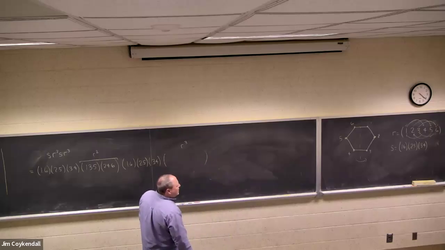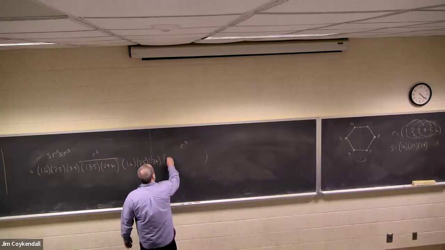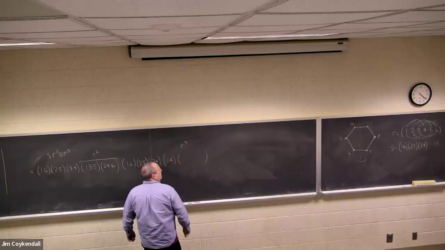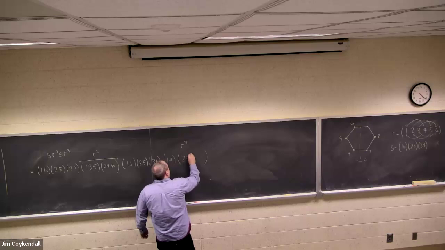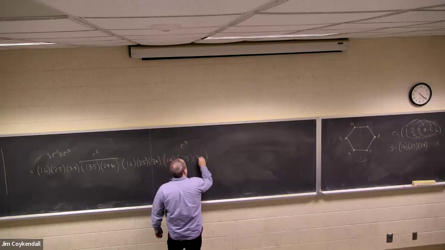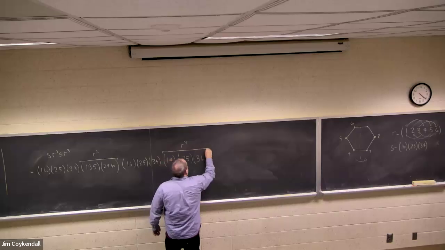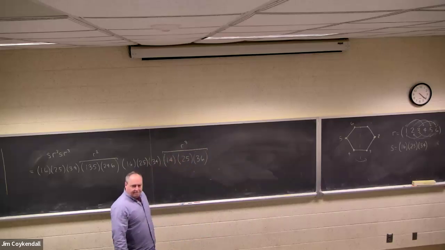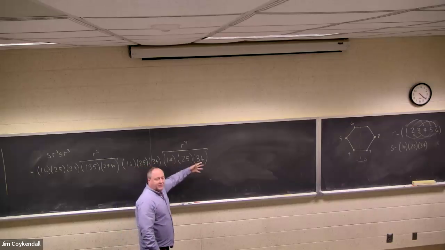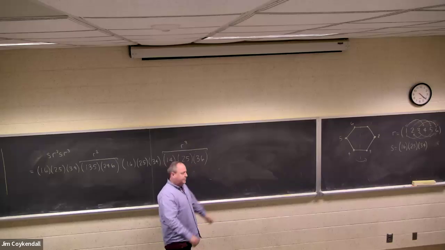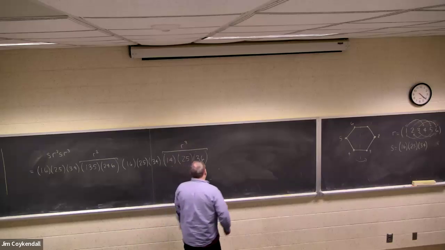And this is R cubed. Everybody agree with that? What's the order of R cubed? It's 2. So this is making good, clean sense.